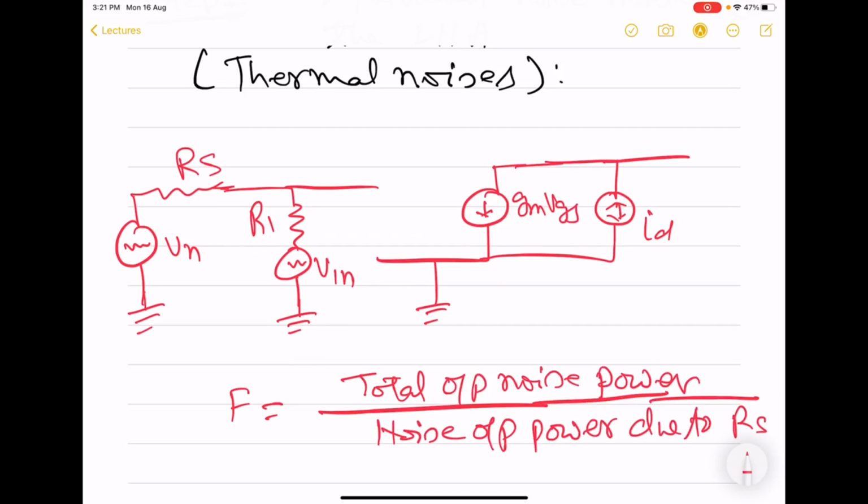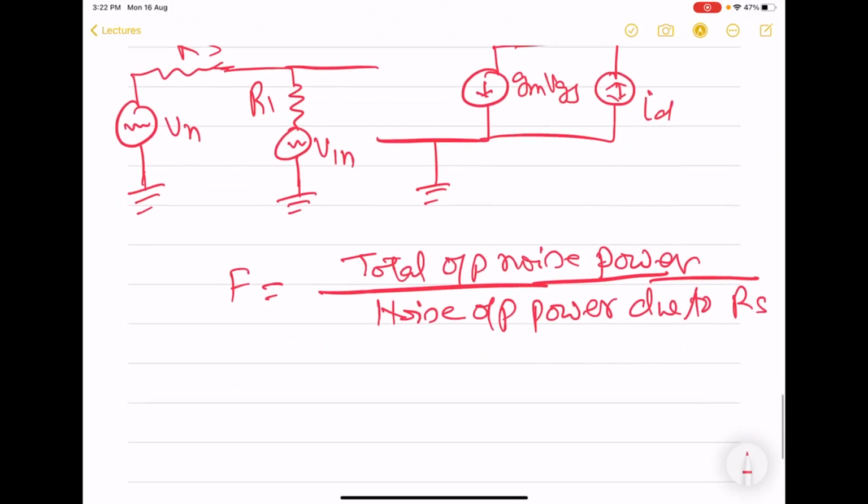So note here that on the input side we have two noise sources, due to RS and due to R1. But in the denominator we will include only the effect of RS. So we are going to use the Norton model.